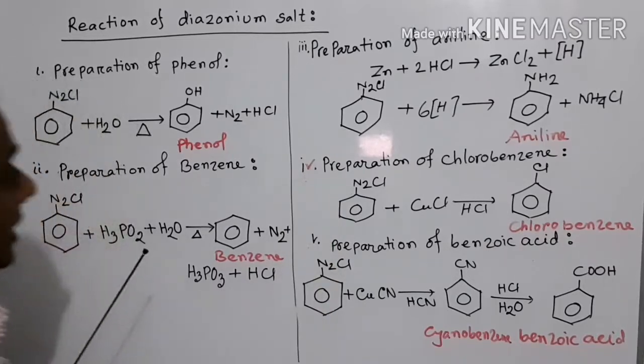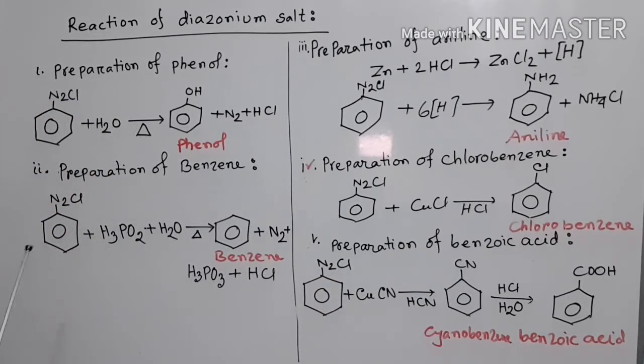Fifth reaction, preparation of chlorobenzene. When benzene diazonium chloride reacts with cuprous chloride and the corresponding halogen acid, then it produces chlorobenzene.